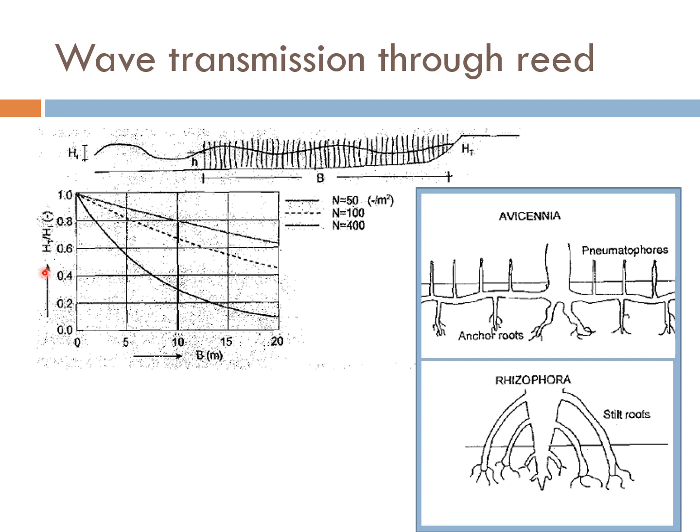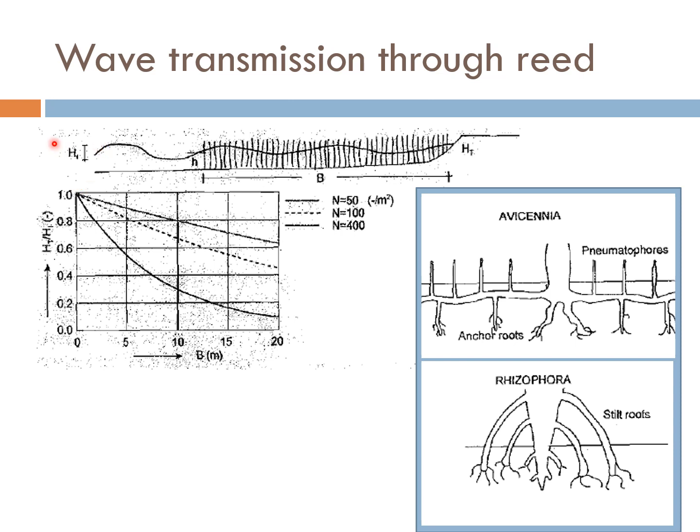the wave transmission. So we have HT, the transmitted wave height, over HI, the incident wave height. That is basically the transmission coefficient, if you recall what we studied in wave mechanics. So as the width B increases, we can see that the transmission coefficient drops. Without the coastal reed like this, we have a transmission coefficient of 1.